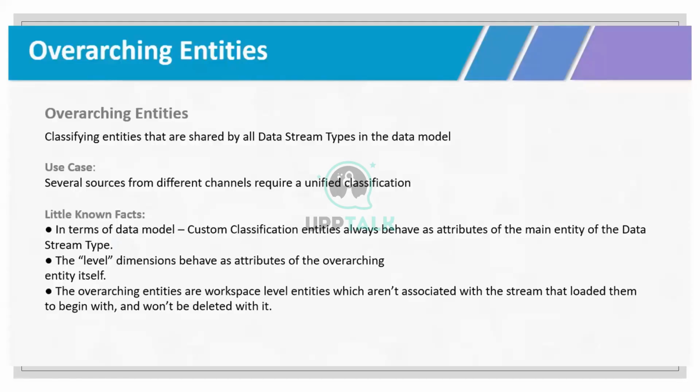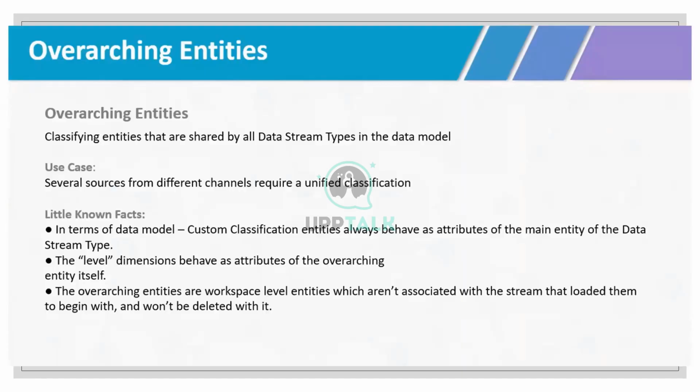But somehow what we need to do is find things that are present in the various data sources, and figure out what we can do to see a unified classification across my workspace. For that we need to use overarching entities.